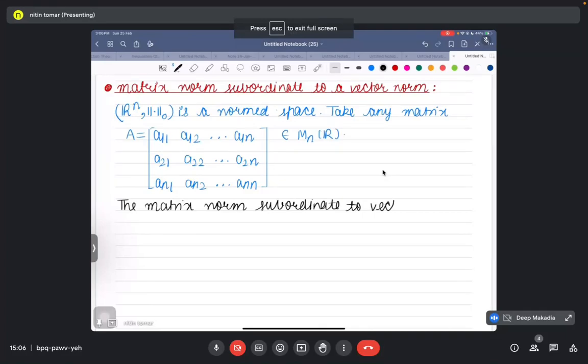Is it visible on the screen? Yeah. So can you tell me what is this matrix norm subordinate to the vector norm? Here the vector norm is this fixed vector norm that we are taking. We're just denoting it by norm naught.